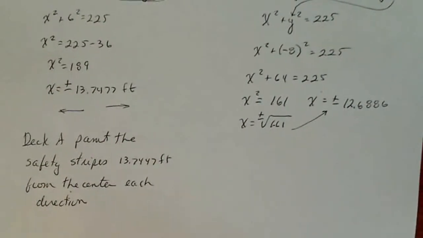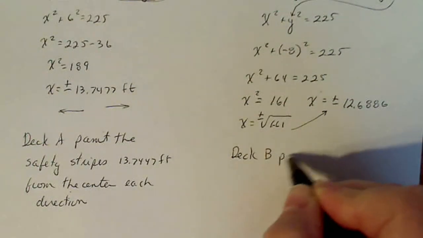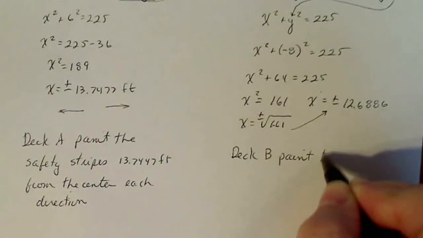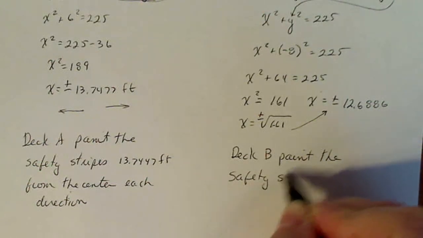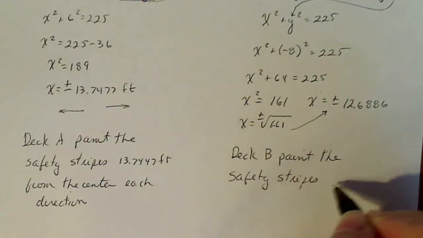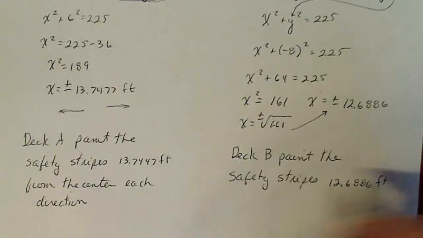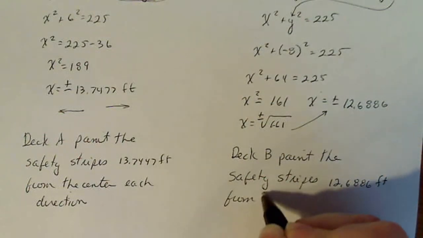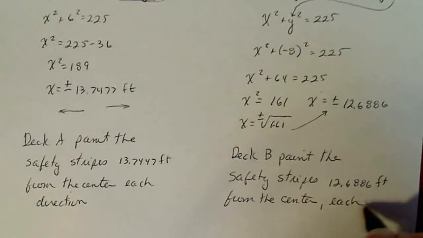You can't see that, let me move this a little bit. And then in deck B, paint the safety stripes 12.6886 feet from the center in each direction.